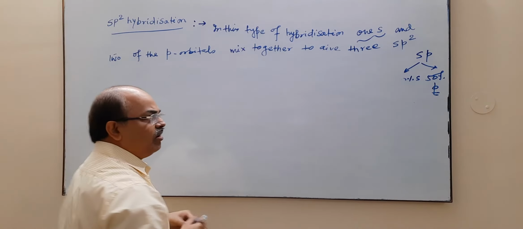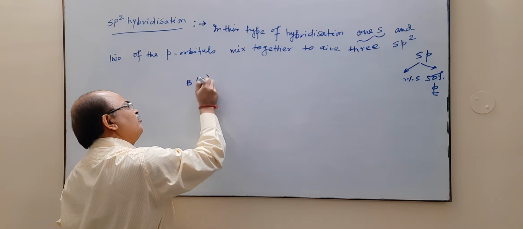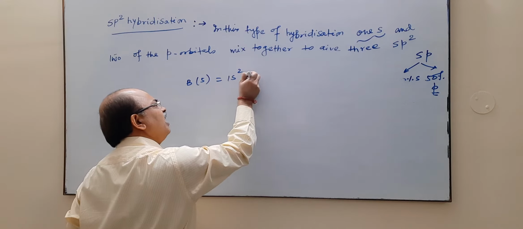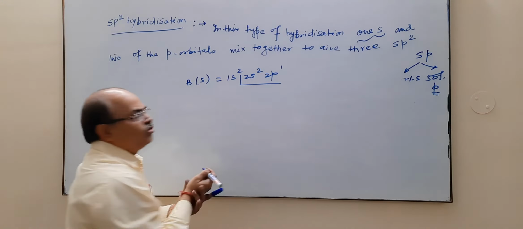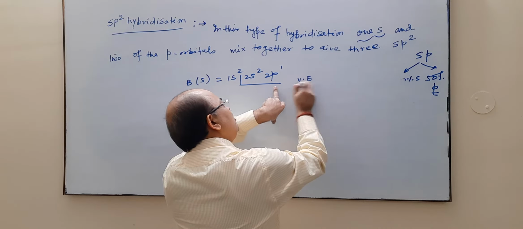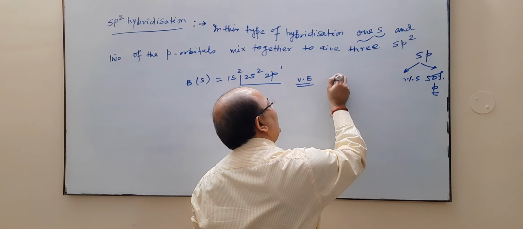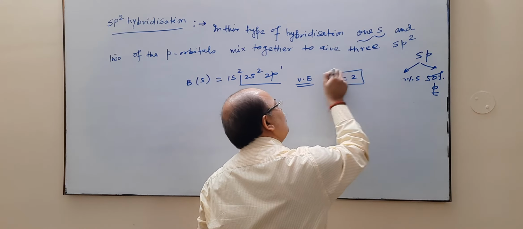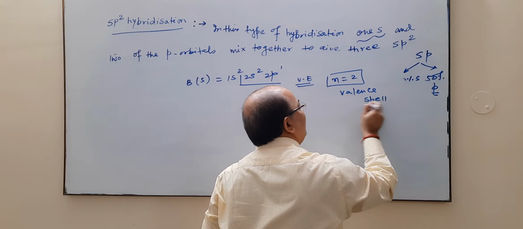Say this is boron, atomic number 5, it is your 1s2, 2s2, 2p1. So this is your वैलेंस इलेक्ट्रॉन. 2s2, 2p1 जो है वो आपका वैलेंस इलेक्ट्रॉन है. और वैलेंस सेल n इज इक्वल टू 2 जो हुआ आपको, ये आपको वैलेंस सेल कहलाया.